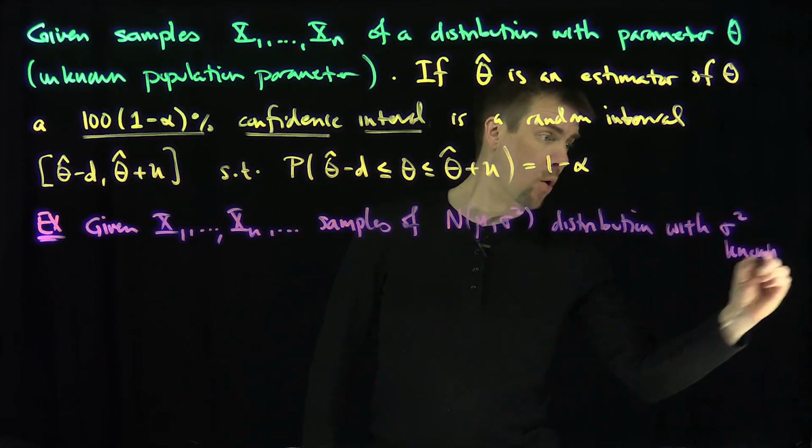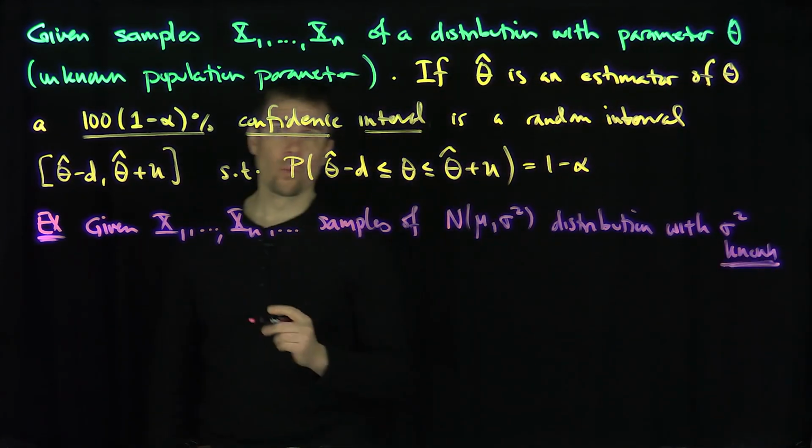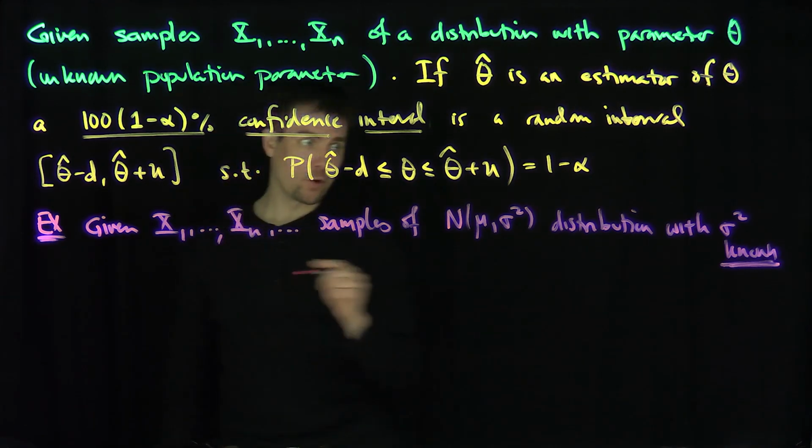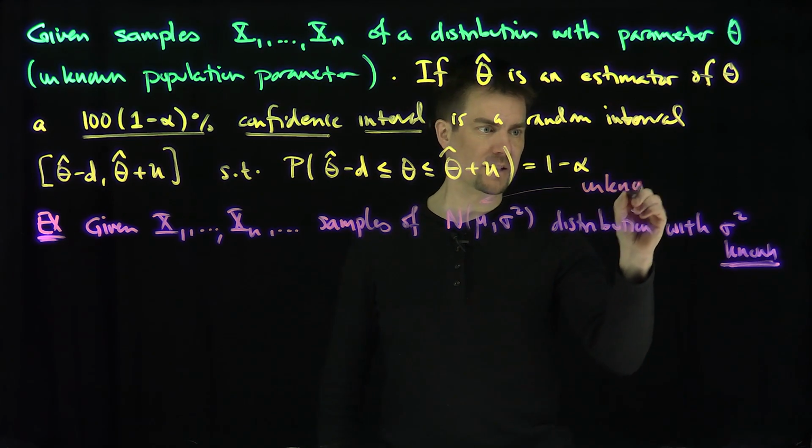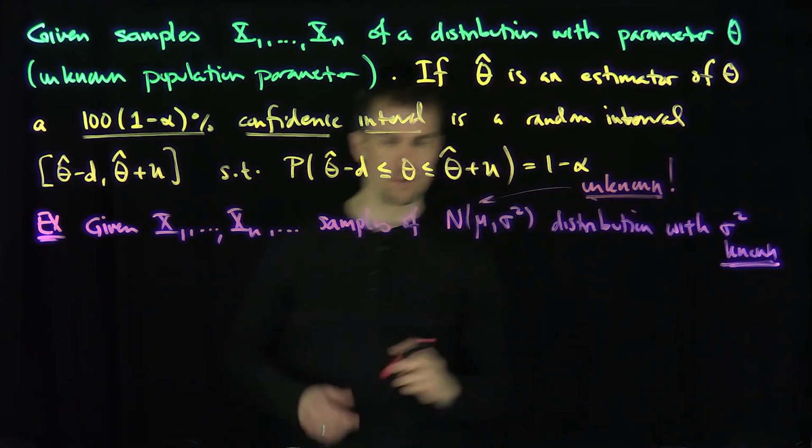That's important, in this case we know the variance of these samples. Mu is unknown to us, and we're going to try to estimate it.